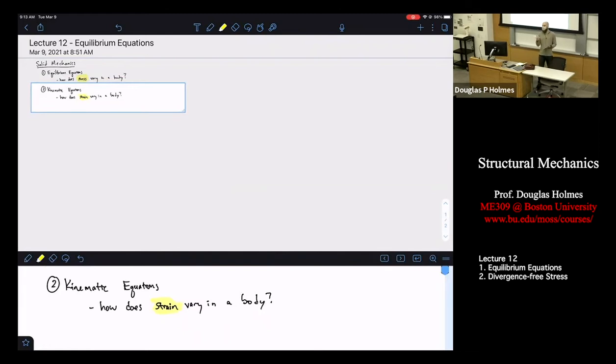The third set of equations is probably the one that is least commonly used explicitly. Like if you're sitting down to do a calculation, it's often one that is less consequential than others.